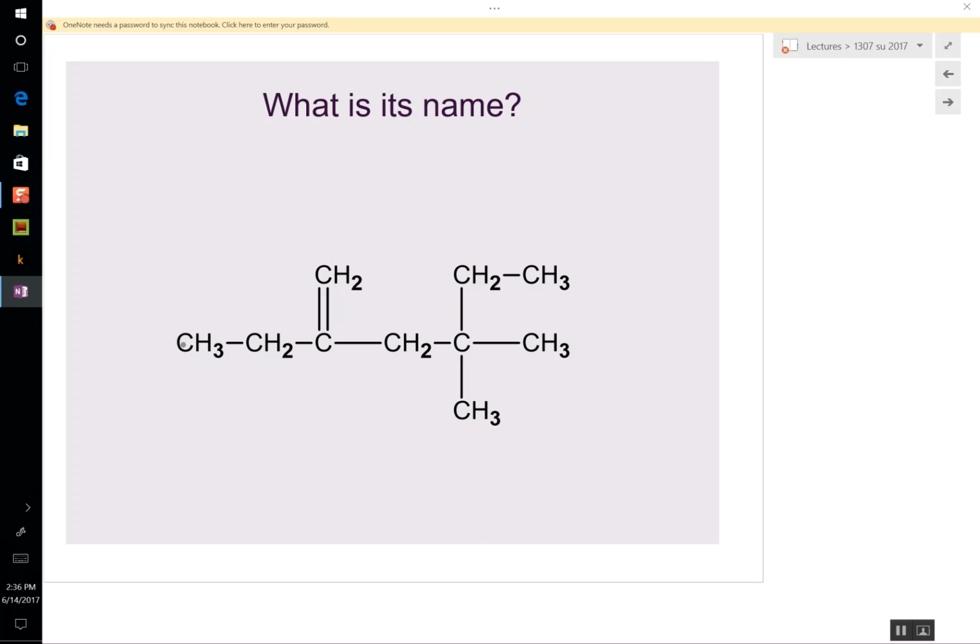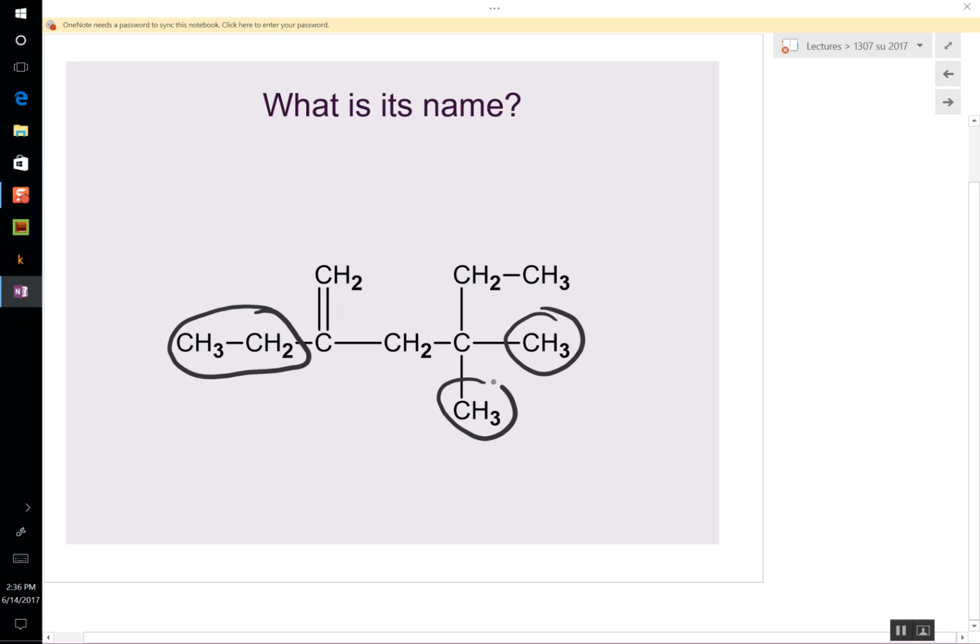Those aren't long enough. So 1, 2, 3, 4, 5, 6. That's your longest chain. Which means this is a substituent, and this is a substituent, and what's left over there is the longest chain.